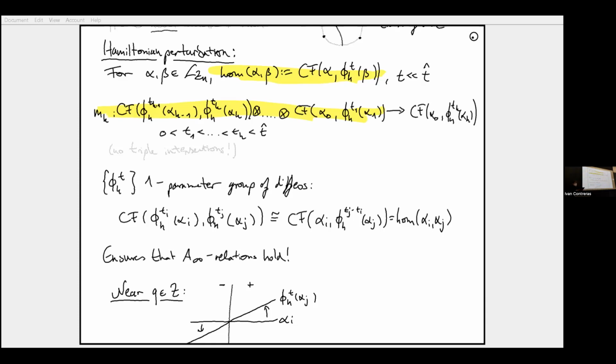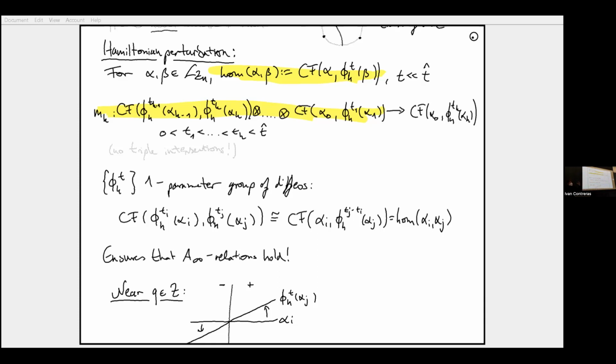And in this way, we can ensure, first of all, that all pairs of Lagrangians intersect each other transversely. And if we pick the times right, they also don't make triple intersections. Since our condition was that we pick times sufficiently small, it actually doesn't matter what exact time we take.